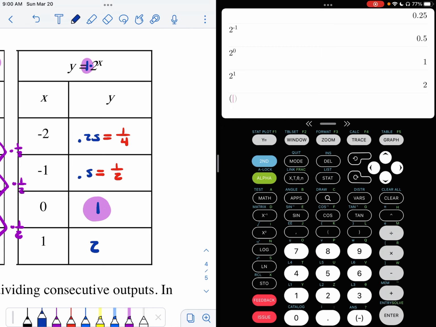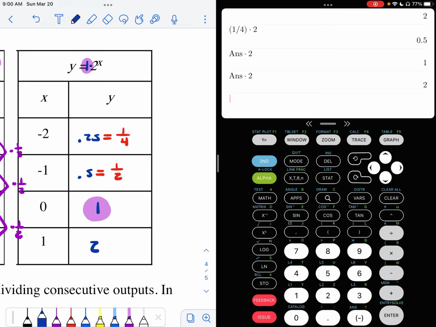Okay, so again, we can see our same pattern here of if we take one y value and multiply it by our base of 2, then we get the next y value. So we took 0.25, multiplied it by 2, we got 0.5. Multiply that by 2, we get 1. Multiply that by 2, we get 2.